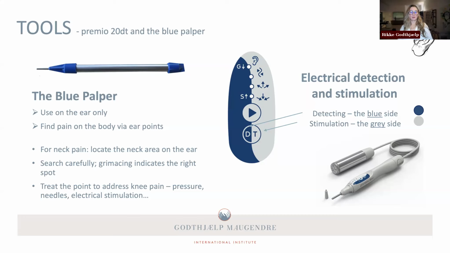With the electrical detector, we can also stimulate a point with electricity, and with this device it will stimulate the frequencies, the 7 Nogier frequencies, A, B, C, D, E, F, G. So it's not only an electrical stimulation, it's also a frequency device that stimulates frequencies with electricity.